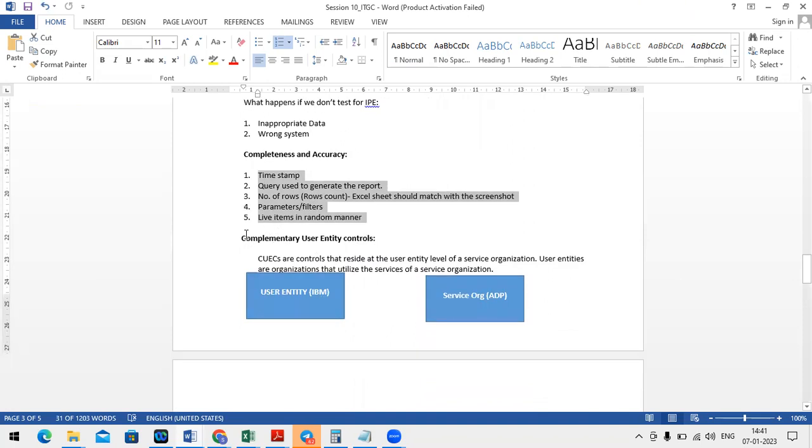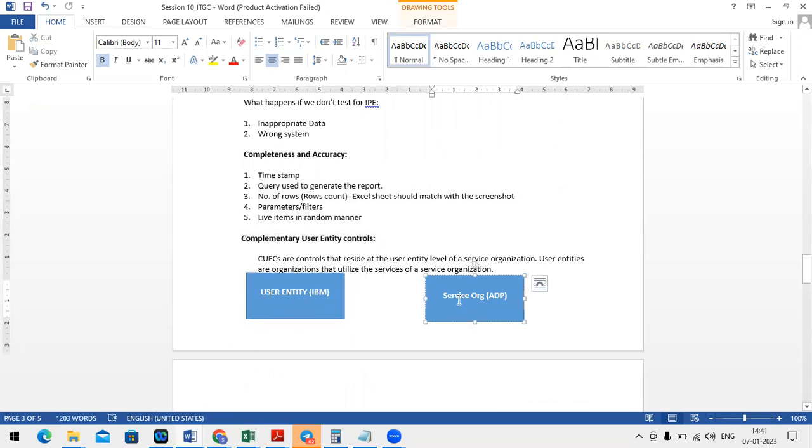Then we have something called complementary user entity controls. As I told you, IBM is a user organization. ADP is a service organization. Now, IBM has outsourced its payroll to ADP. In order for ADP to process the payroll, ADP might require some information from IBM.